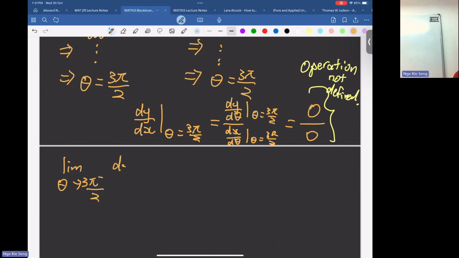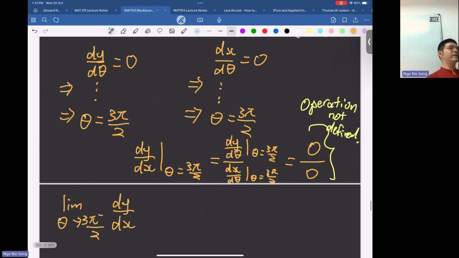Okay, so let's compute this. So let's look at the limit of dy dx instead of evaluating at that point. Let's look at what happens if you go close. If you compute dy over d theta and dx over d theta, I guess what you will get is, so let's quickly write it down.